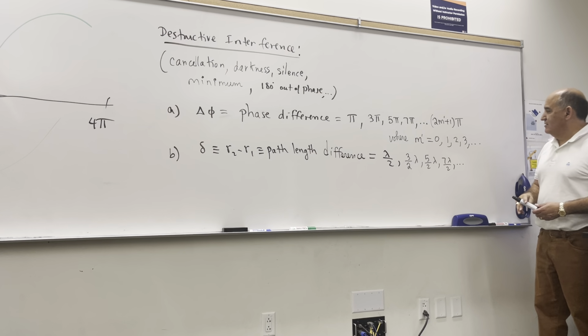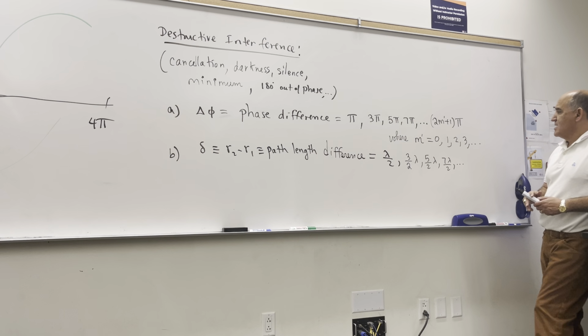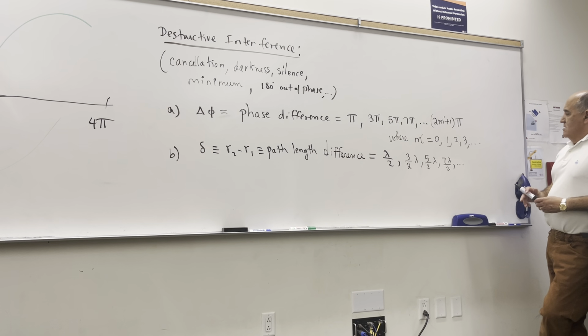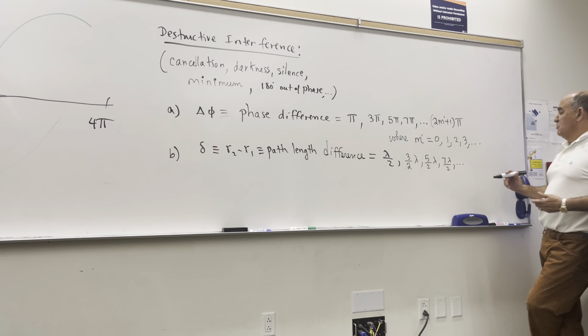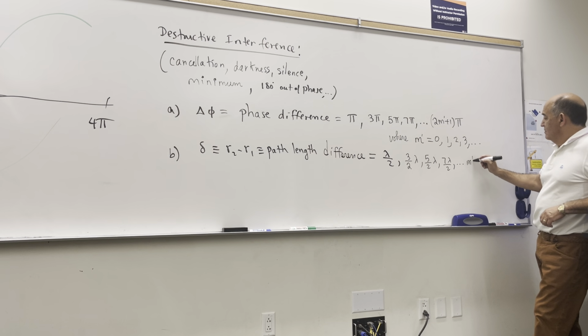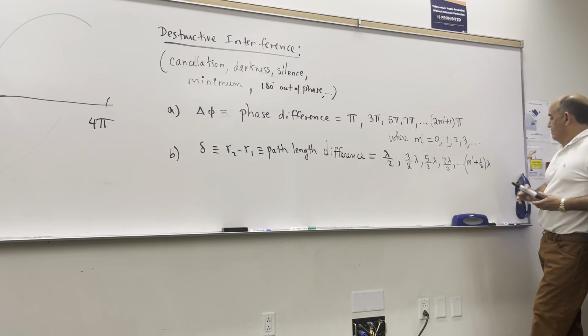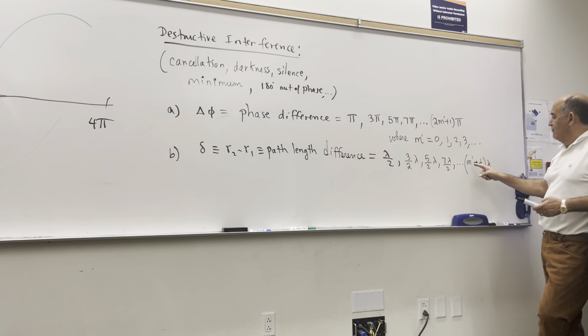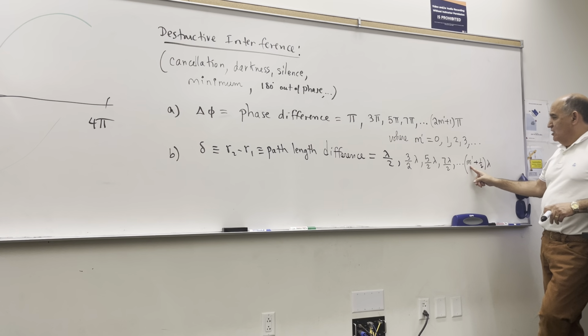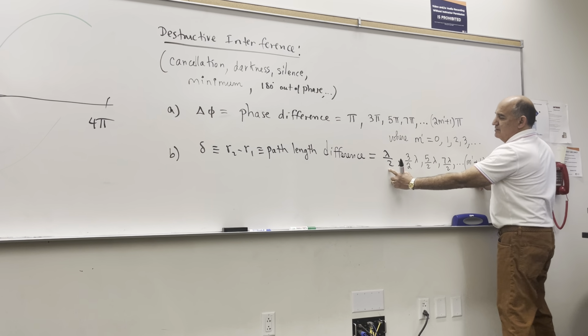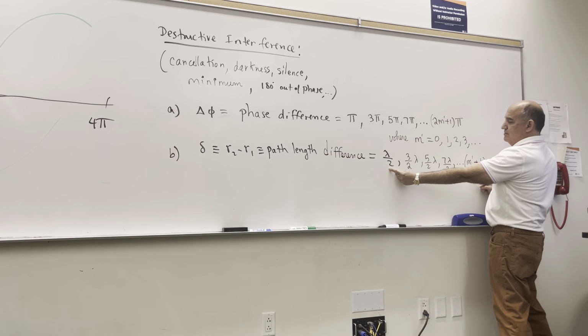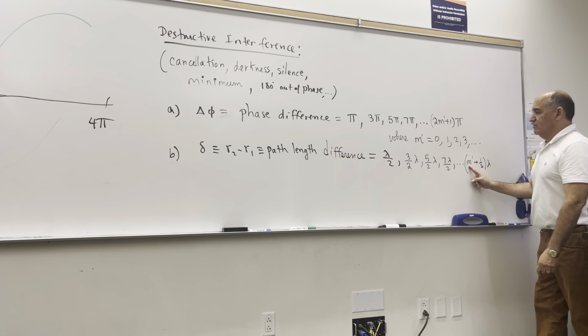So how do we write this? You could write it like this, (m prime plus a half) lambda. What would have to be the value of m prime so that you get this? 0, which is this.